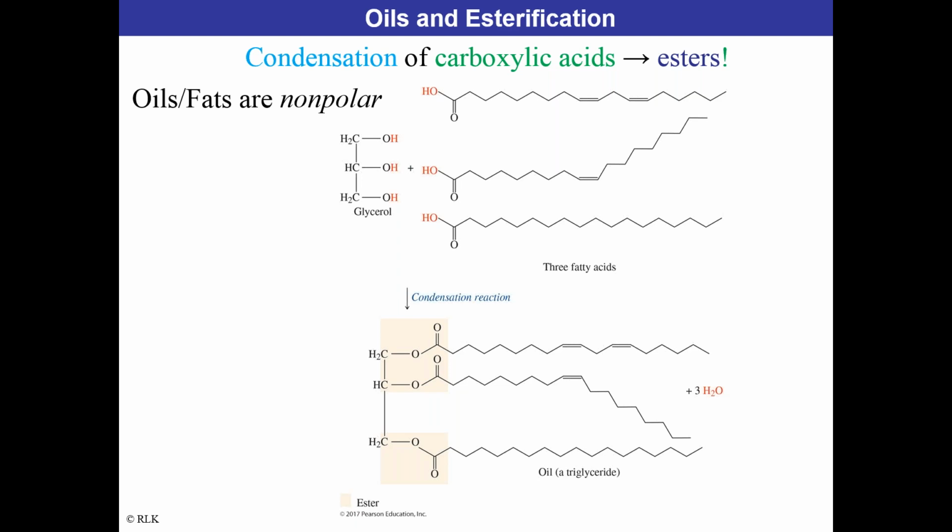Sometimes you can have base catalyzed reactions, and sometimes you may have different types of substrates involved to make this kind of reaction occur. This is a synthesis reaction because we had two smaller types of molecules that combined into one larger one. The really important thing to know here is that this is oil, this is an ester, and what type of ester?